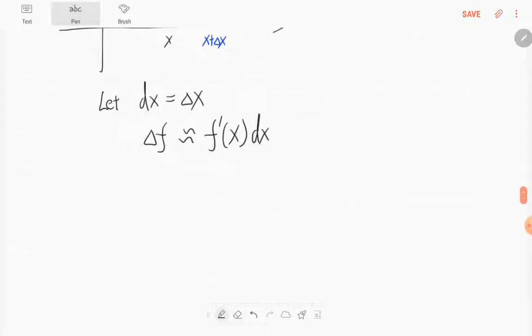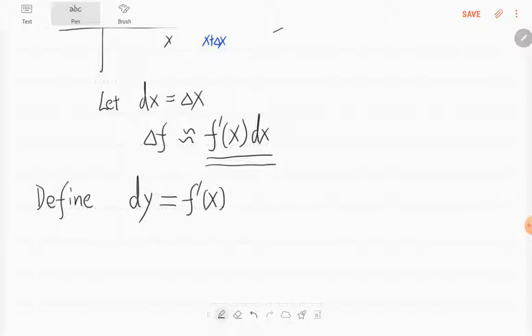Here, let's define the right side and give it a name, which is called dy. dy is equal to f prime of x dx.